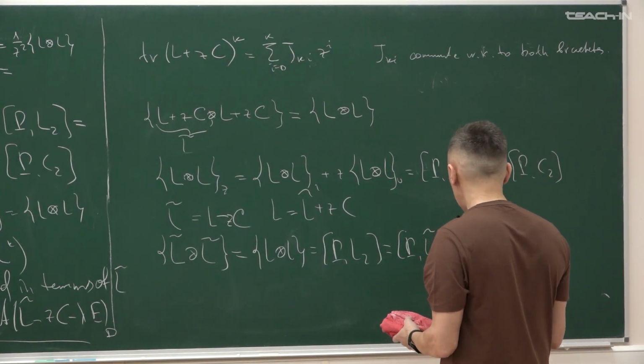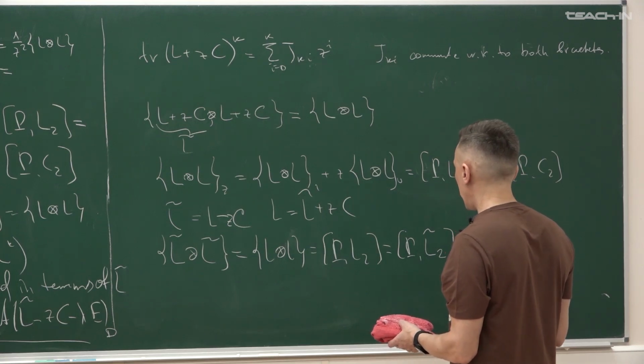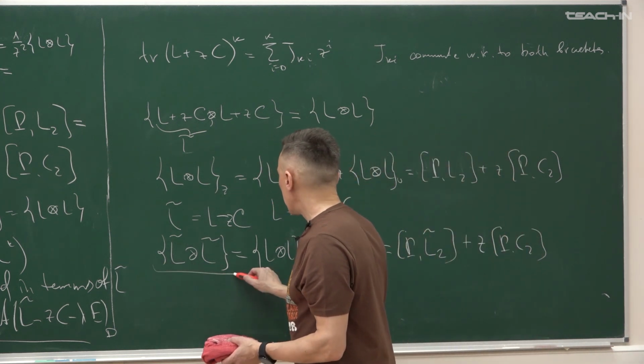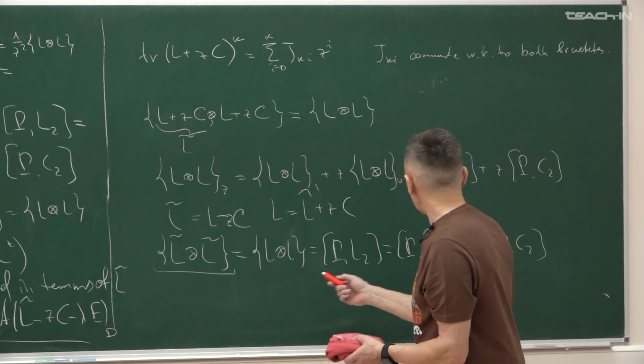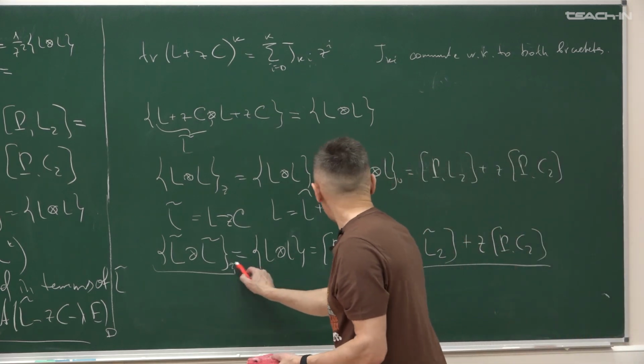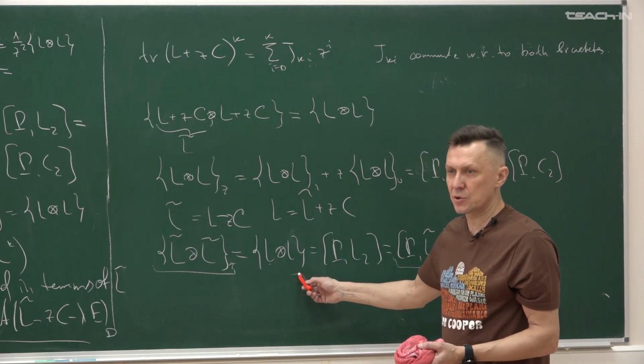This means the following, that to describe the center of this algebra with this bracket Z, we need just to consider the center of this algebra in terms of L.